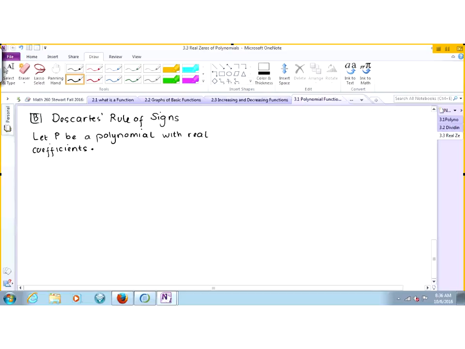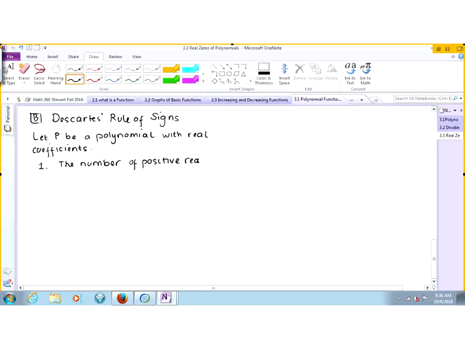So the way the book writes it, it's a little bit difficult, but this is how I'm going to write it.